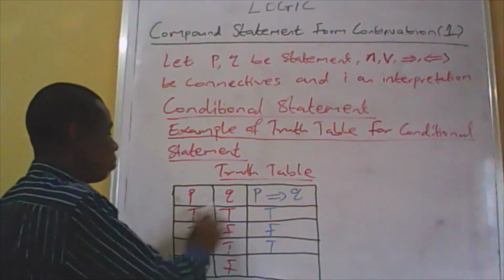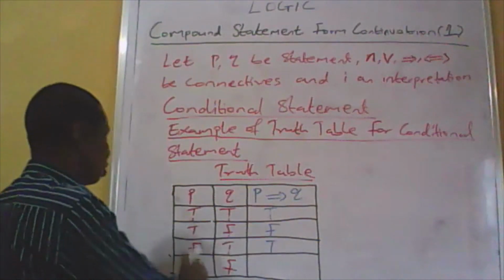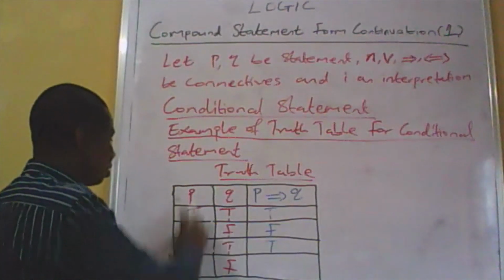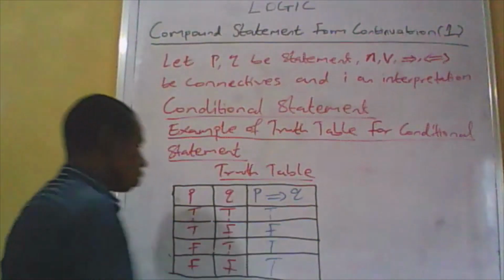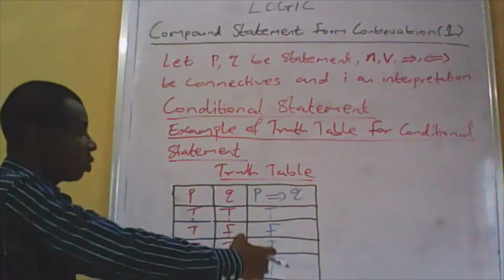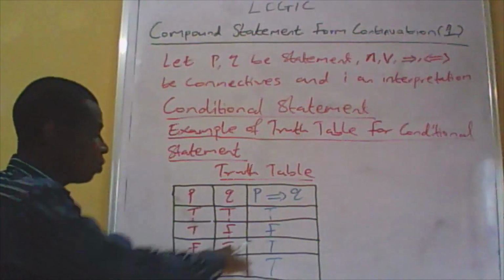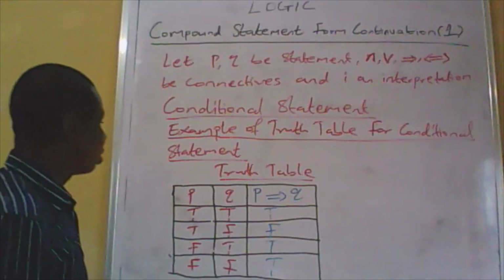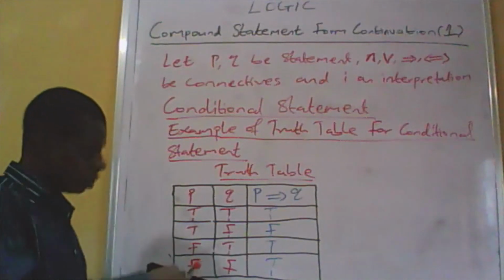This means T implies T will be T. Then F implies T will be T. Then F implies F will also be T. So that is the truth valuation of P implies Q. When they are combined in different ways, we have T, F, T, T. So that is the truth table of the conditional statement.